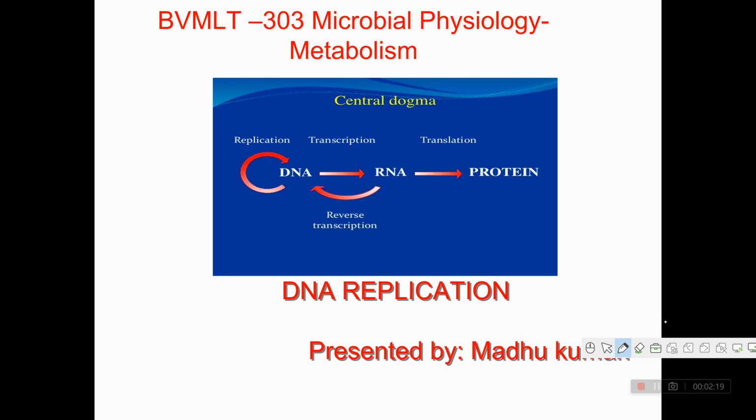Another is transcription, the conversion of DNA into RNA. And another is translation, the conversion of RNA into a protein. So synthesis of protein from the RNA molecule is known as translation. And another term is reverse transcription, which is the synthesis of DNA from RNA.